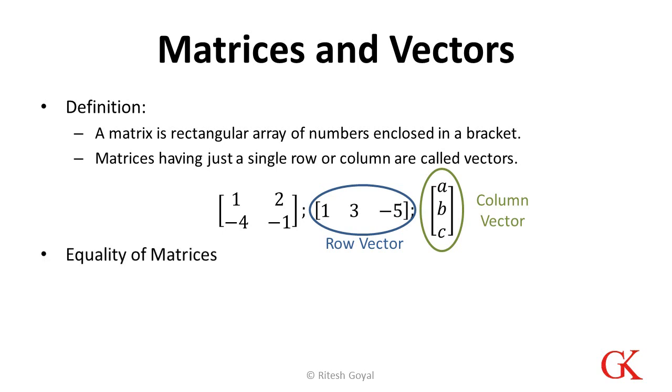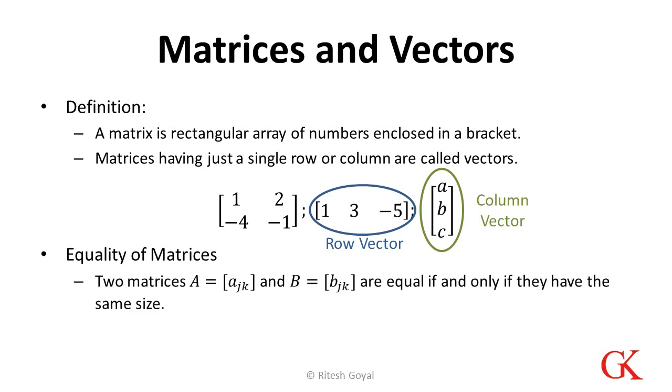After defining the matrices, we should understand when we can say two matrices are equal or different. So we will see how to define equality of matrices. First and foremost, if we want to say anything about matrices A and B, we represent A as a bracket with a_jk, where j represents the row index and k represents the column index.